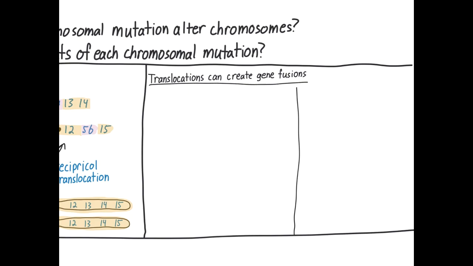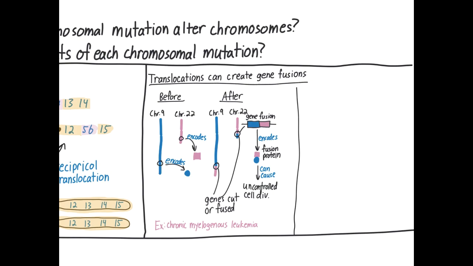Translocations can also create gene fusions. In fact, we've already seen an example of this when we discussed cancer genetics with a translocation between chromosomes 9 and 22, causing chronic myelogenous leukemia.